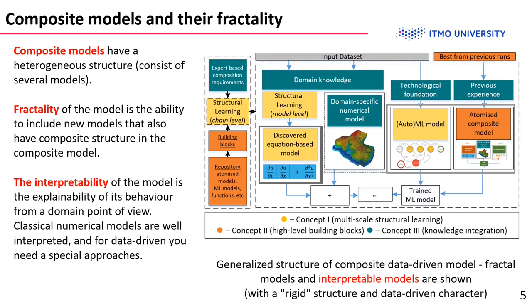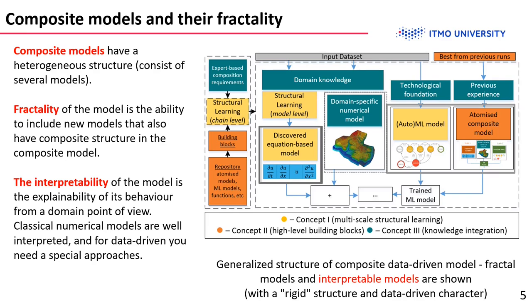There are several properties of the composite model that can be highlighted. First of all, the composite model has a fractality property. It means that submodels inside the model can also be composite models in their character. For example, the presented structure of composite model contains an atomized composite model that has 4 blocks in its structure.